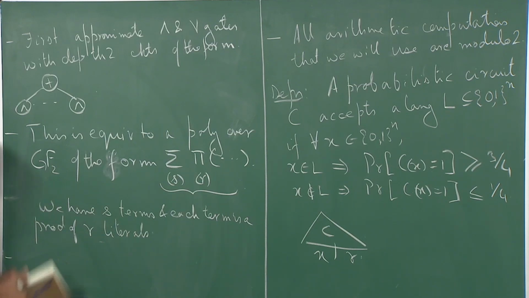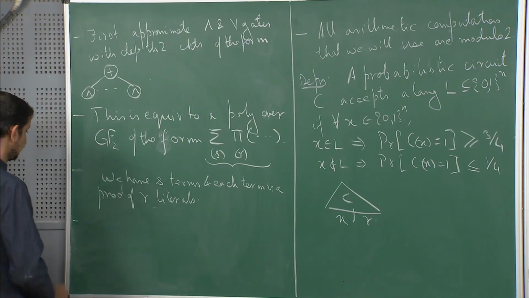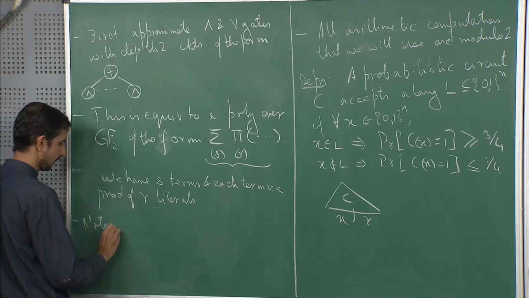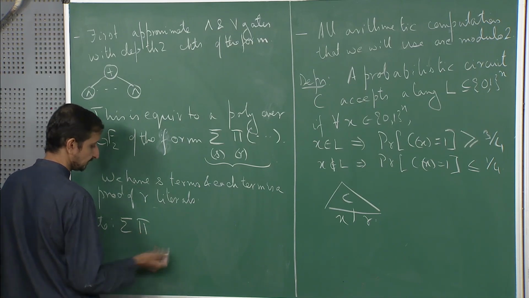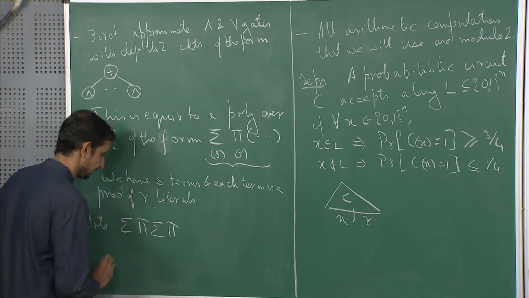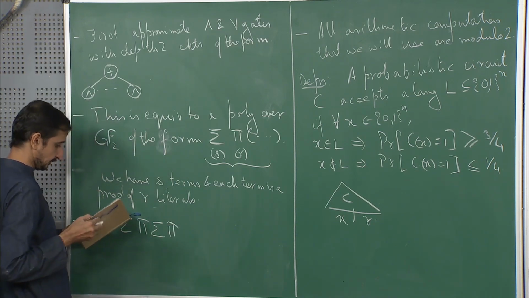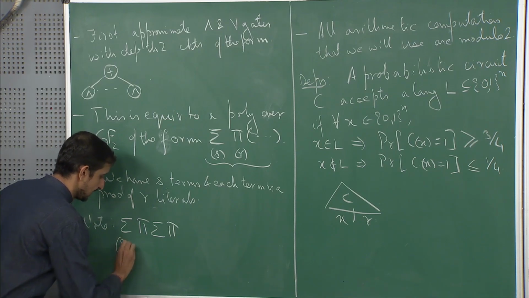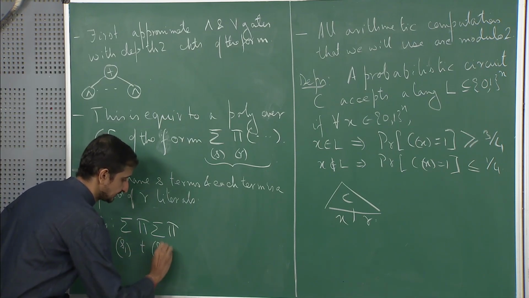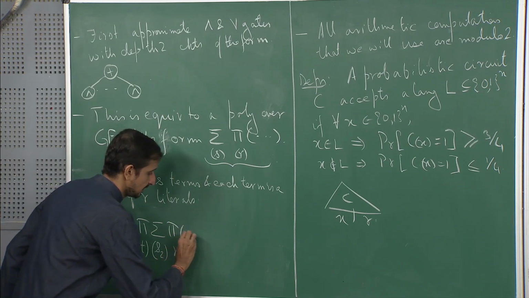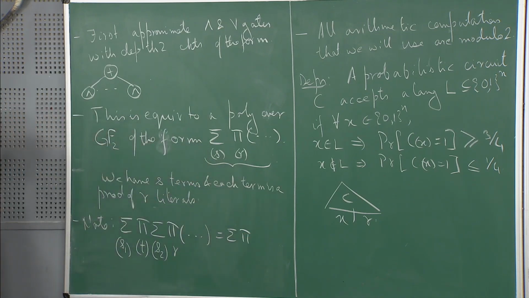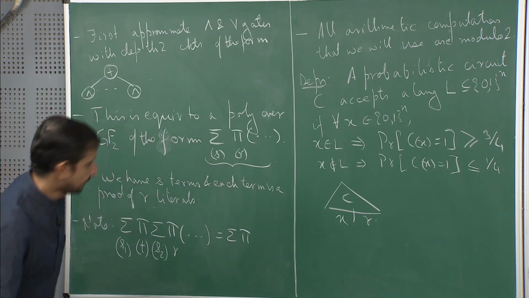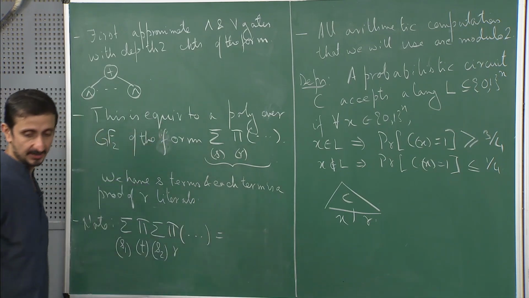Now, one more point. Suppose we have a polynomial of the form sigma pi sigma pi, with parameters S1, T, S2 and R. How can I convert it to a polynomial of the form just sigma pi?